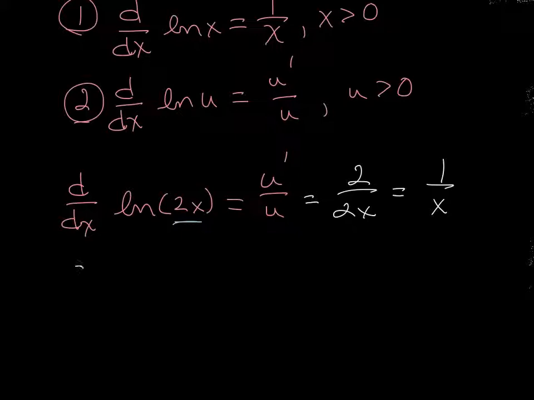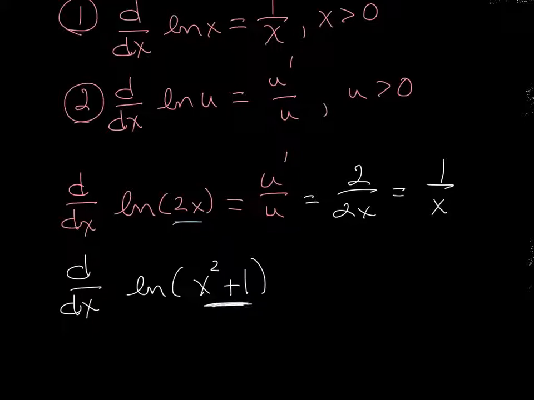Let's take the derivative with respect to x of the natural log of x squared plus 1. Again, u prime over u. Here's u. So the derivative is 2x over x squared plus 1, and we can't do anything to simplify that derivative.